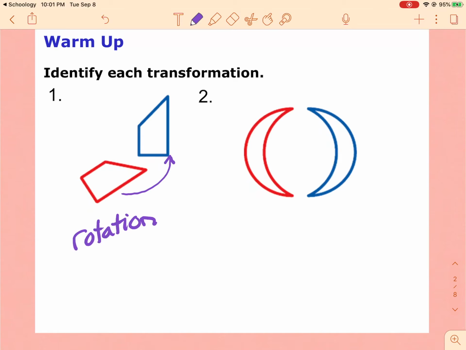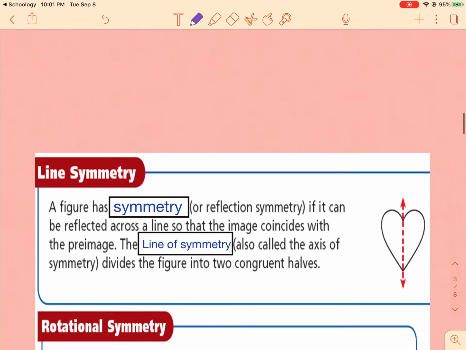And with the second one, you almost picture a line right down the middle where it's like a mirror image, a reflection, in order for that to match up. That one actually might be a rotation as well in order to combine and make it look like that. We're going to go a little bit deeper in that idea.